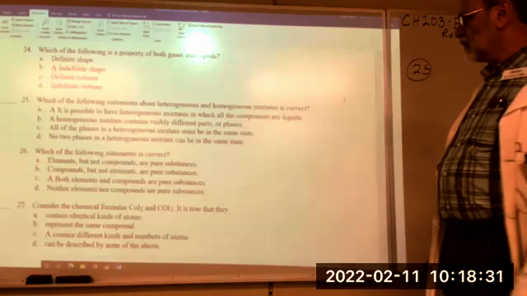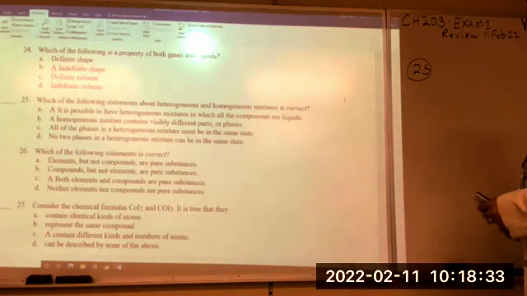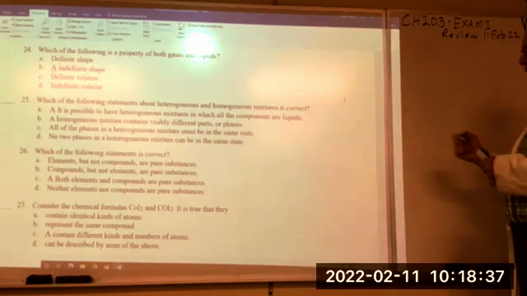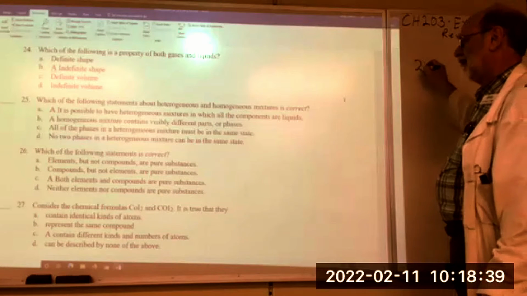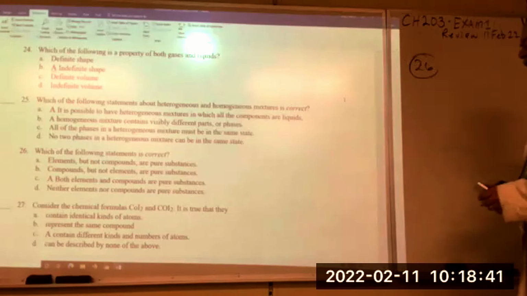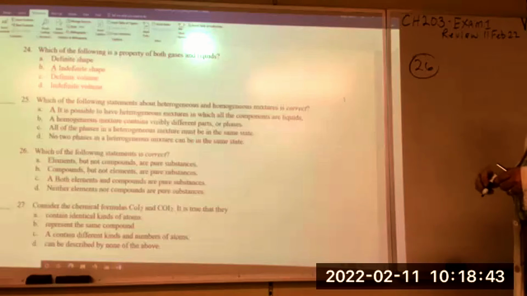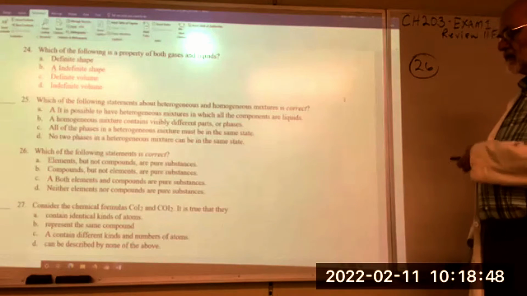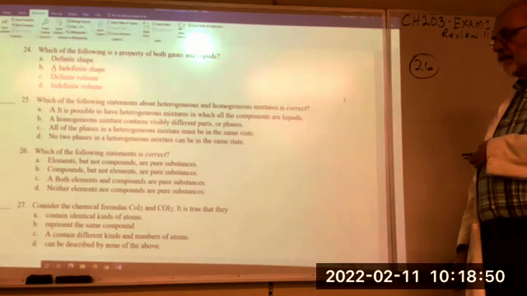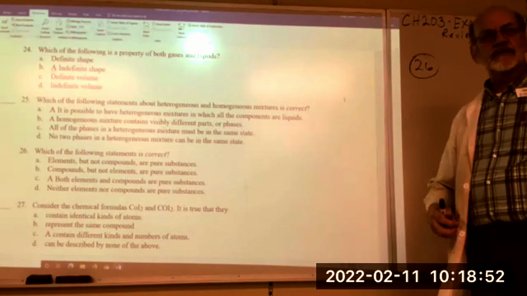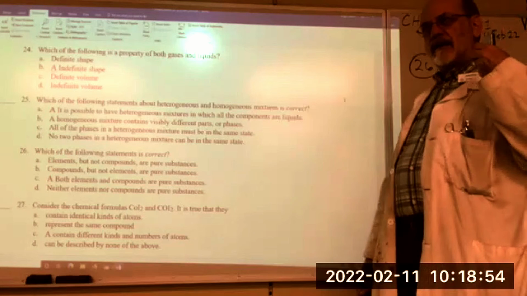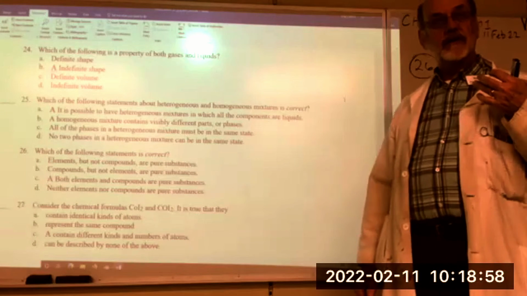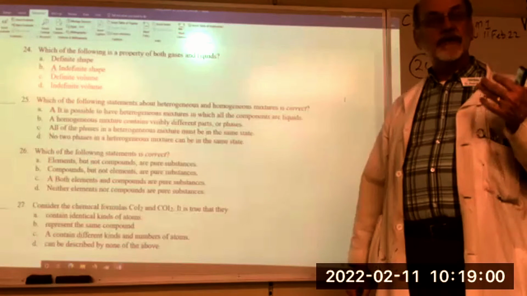Okay, that was 25, 26. Which of the following statements is correct? "Elements but not compounds are pure substances." No, compounds can be pure. All you need to have a pure substance is that it cannot be separated further by physical means.